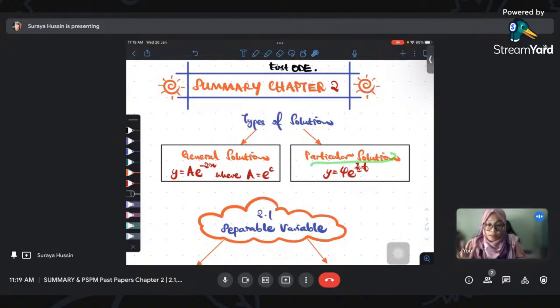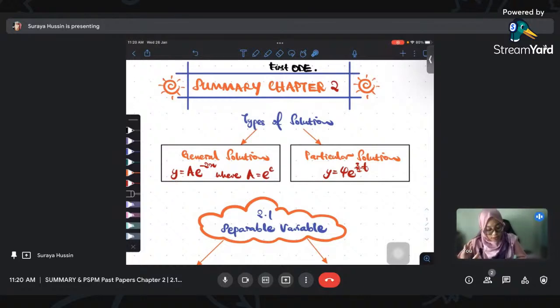Kalau soalan tu minta particular, find the particular solution, bermaksud dia mesti ada bagi kamu condition. Contohnya y is equals to 2 and then x is equals to 1. Dia mesti akan bagi nilai x dan y ataupun in this case y and t according to the question itself.